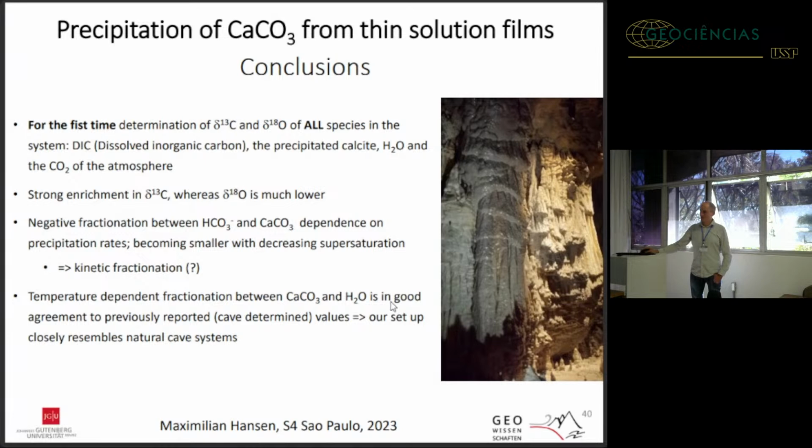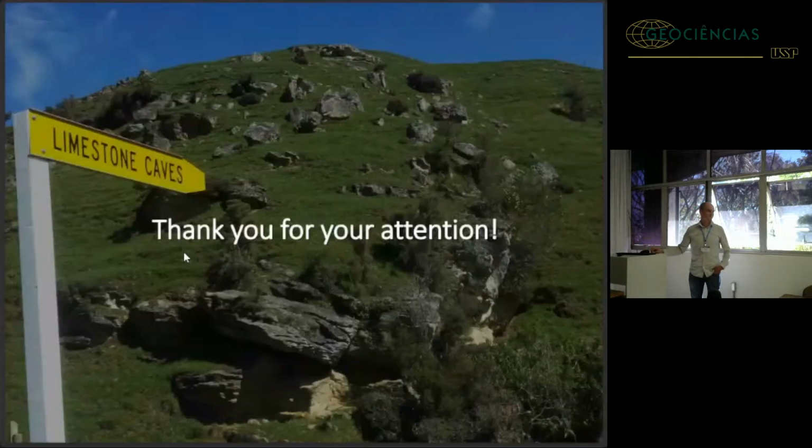So the system we had during that time already pretty closely resembled a natural cave system. I don't have the time to show you what I'm doing right now because we just made it bigger, but I'm happy to talk about that with anyone who's interested later on. Yeah, that's it. Thank you.